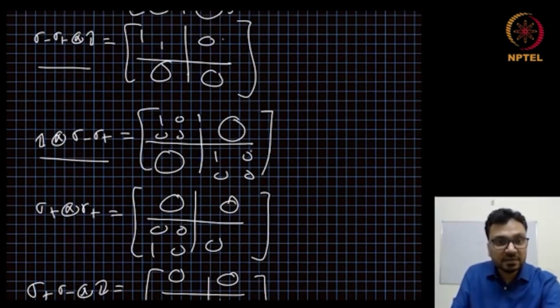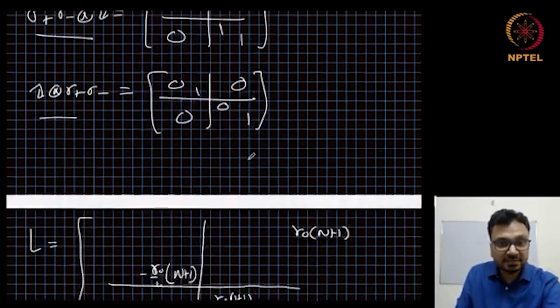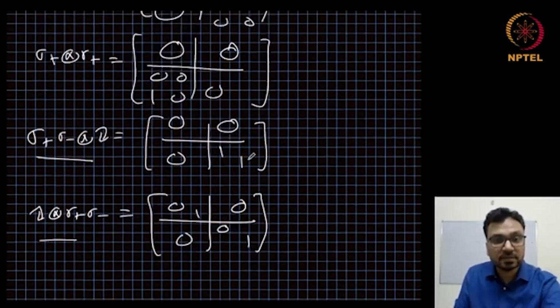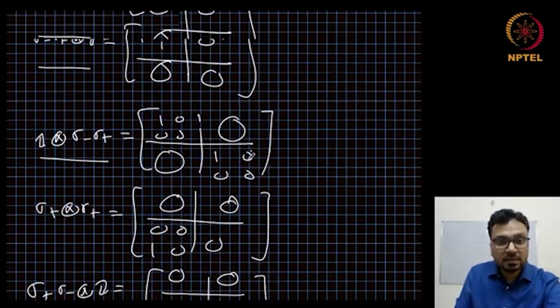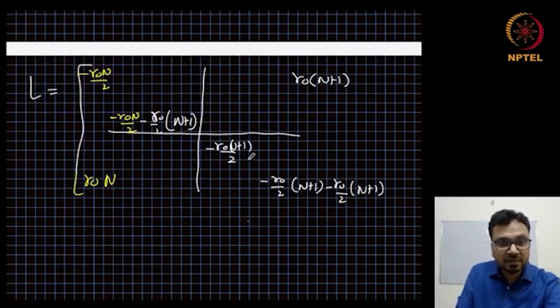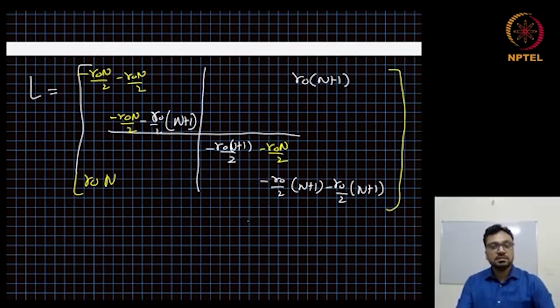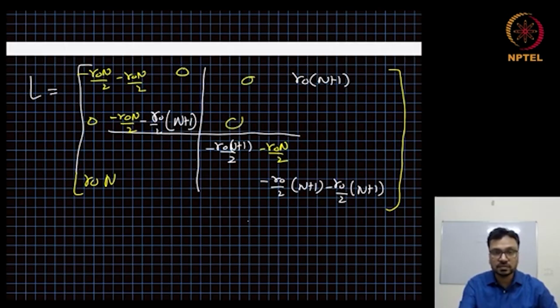And we have sigma minus sigma plus tensor identity, that will be minus gamma naught n over 2, and minus gamma naught n over 2 for the other. So this becomes our L matrix. Everything else is 0.